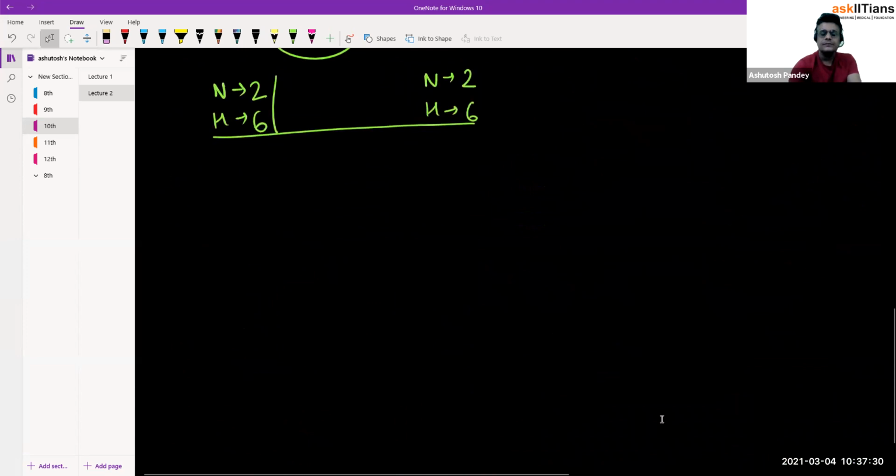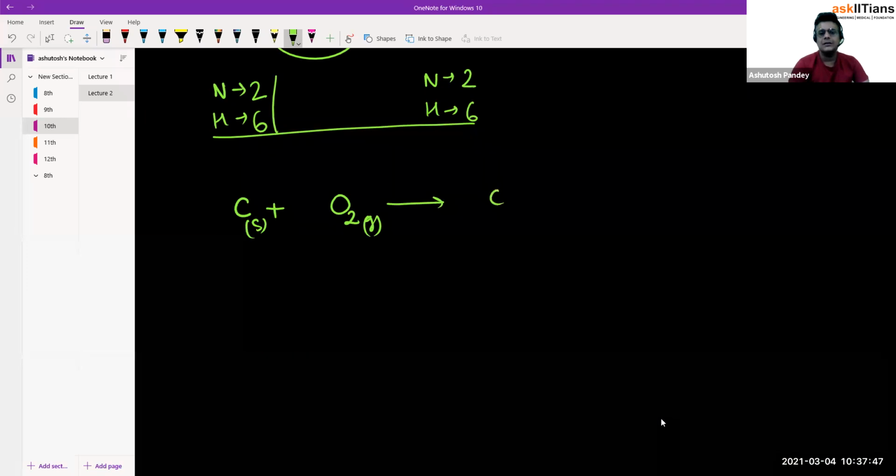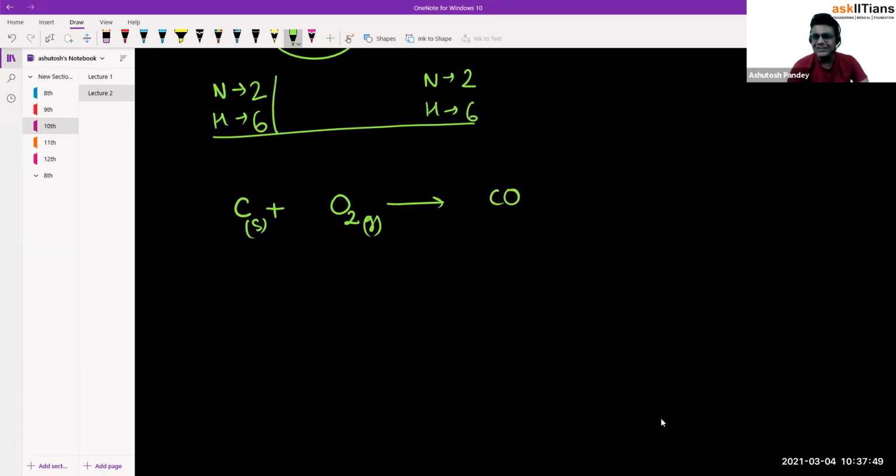Carbon exists as C only, and oxygen exists as O2 gas. So we can write solid for carbon, gas for oxygen, and then we get CO2 in gaseous form.